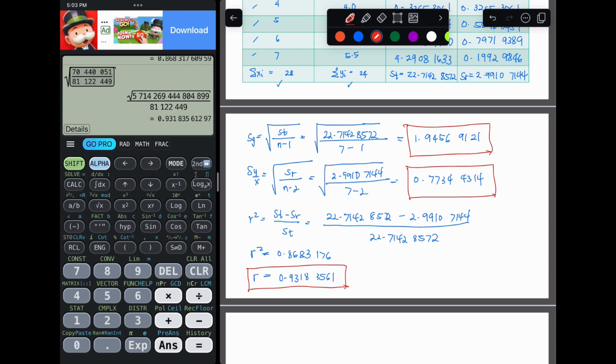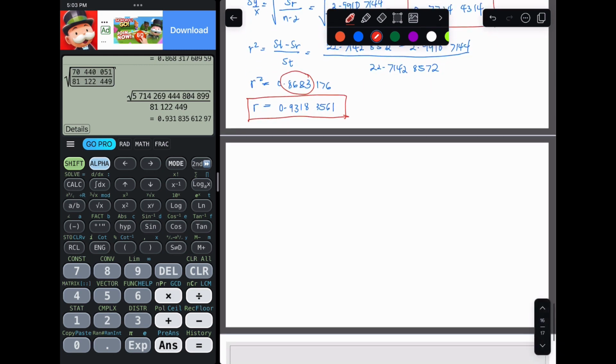So that means our linear regression, or the regression line, is the best fit for the given data points. Approximately 86.83% of the data points are best described by the regression line. And that's it. Good day.